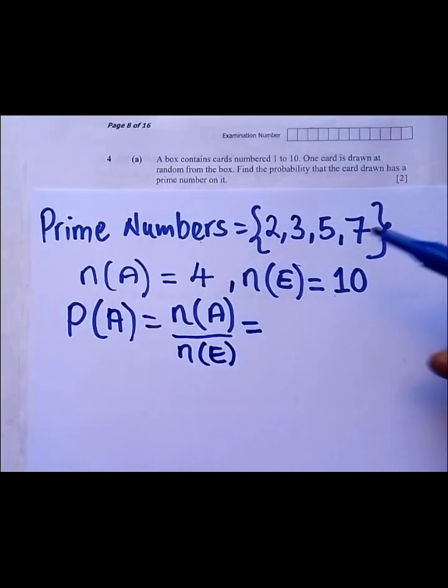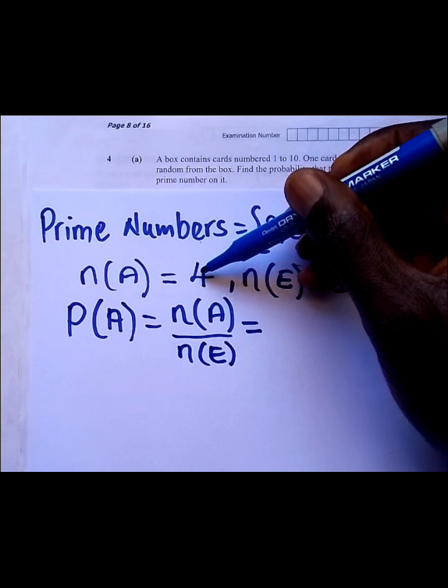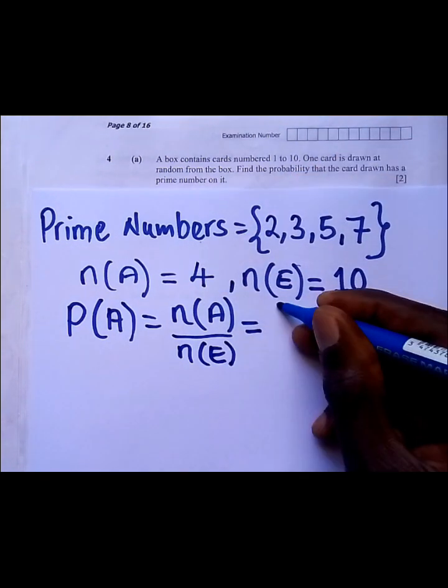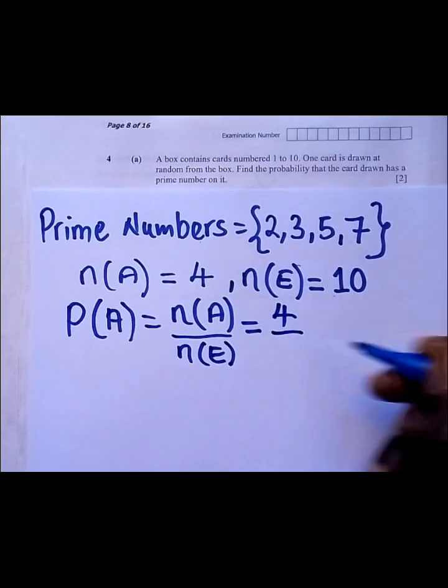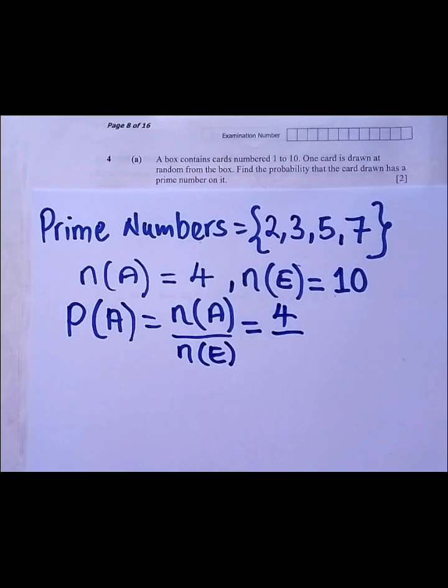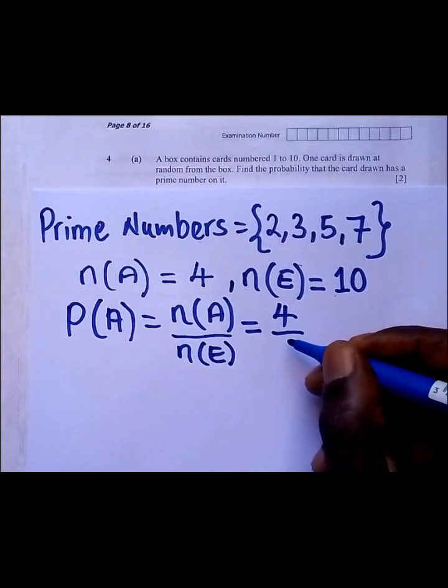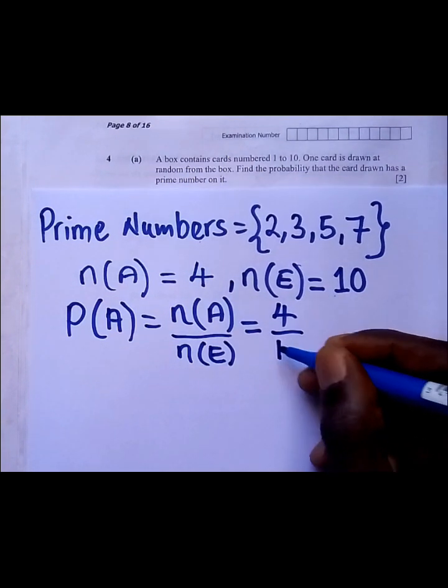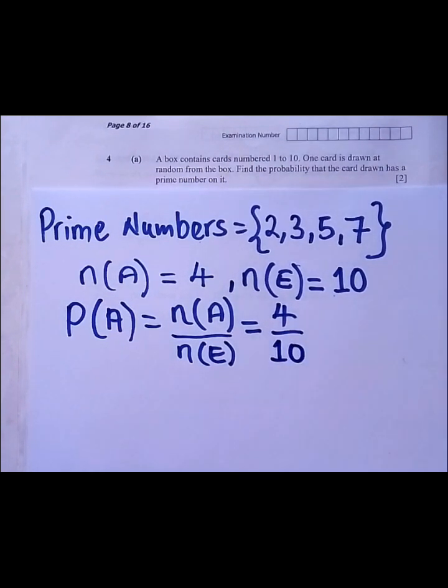On the numerator we just have 4, so we can only draw 4 prime numbers. Then the total is 10. So this gives 4 over 10.